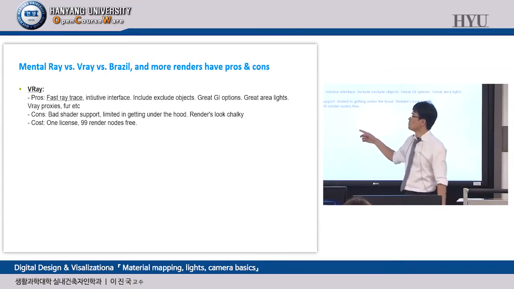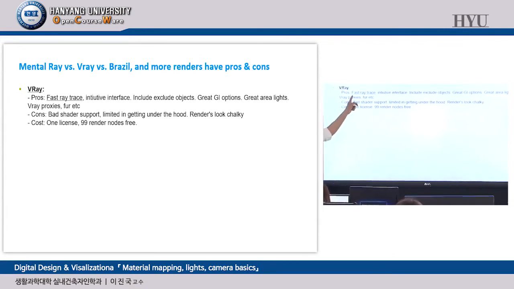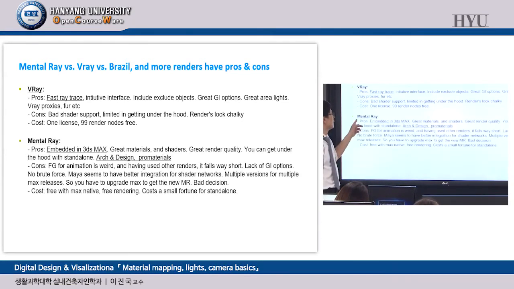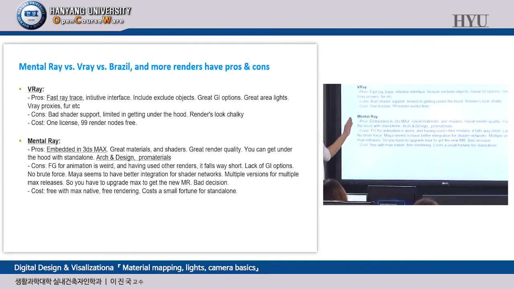So let's take a look at some pros and cons. Pros: fast ray trace, V-Ray, fast ray trace. GI options, global illumination options. And it used to be the easiest renderer among all other renderers. But nowadays, Mental Ray has big support from NVIDIA and Autodesk. As you know, Mental Ray, AutoCAD or 3D Max, Autodesk is a huge global company.